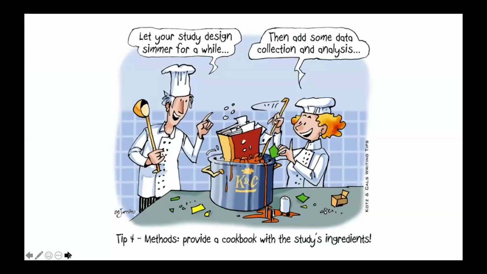It can be repeated by other researchers if they want to repeat it. So the methodology is like a recipe book for other people to follow, and it must lead to a similar conclusion. When other people repeat the methodology, they must arrive at a similar conclusion. So that is very important in terms of methodology.